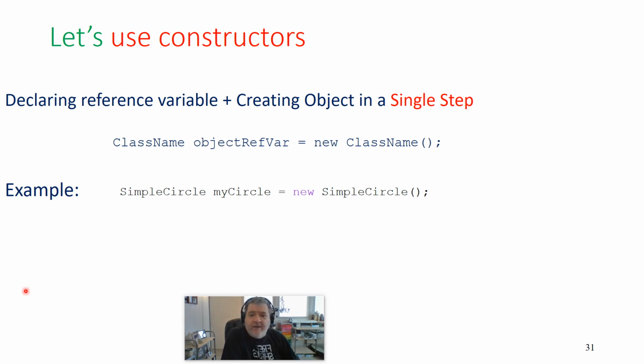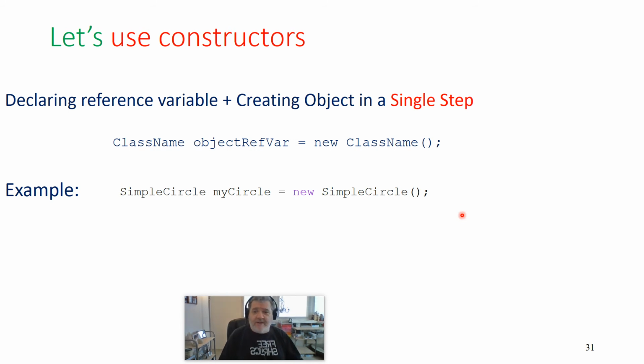You could break it down. You could say, for example, SimpleCircle myCircle; and then later on say myCircle = new SimpleCircle(); So first I declare a reference variable that is meant to hold a reference to an object of class SimpleCircle. And then later on, when I'm ready, I create the new SimpleCircle object and I put the reference to it inside my variable.